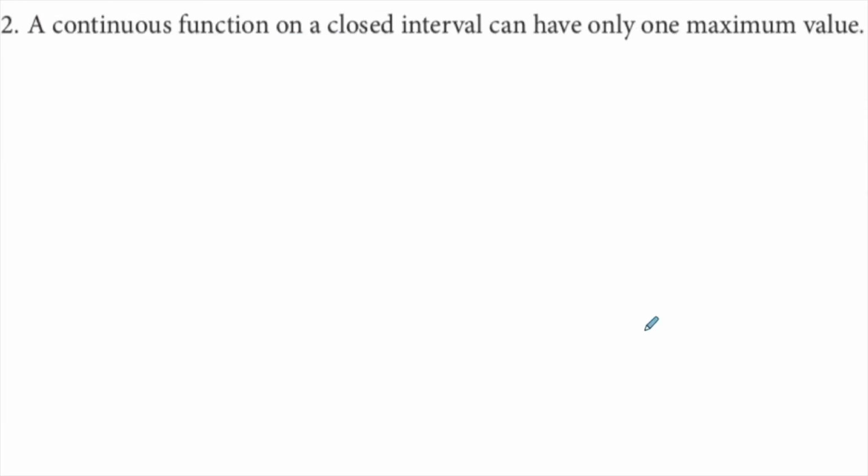Second one: a continuous function on a closed interval. So let's say here's my a, here's my b. A continuous function on a closed interval can only have one maximum value.